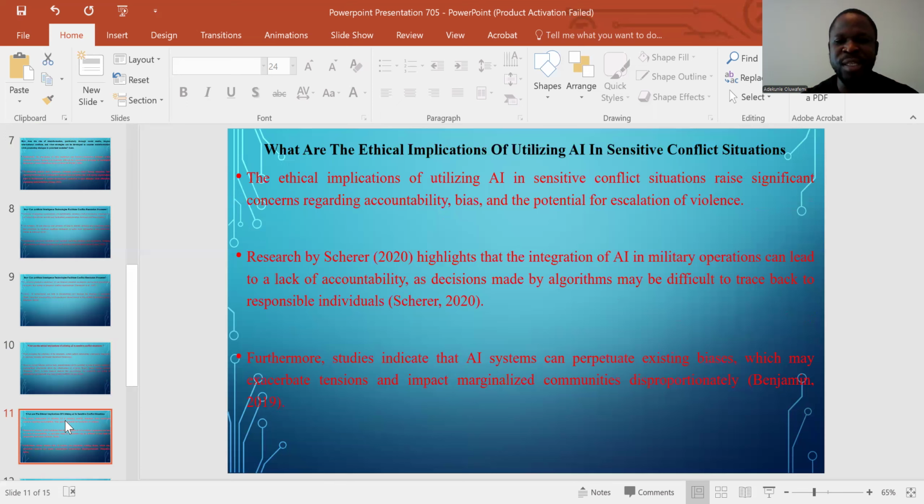Research by Schiller 2020 highlights that the integration of AI in military operations can lead to lack of accountability, as decisions made by algorithms may be difficult to track back to responsible individuals. Furthermore, studies indicate that AI systems can perpetuate existing biases, which may exacerbate tension and impact marginalized communities disproportionately.